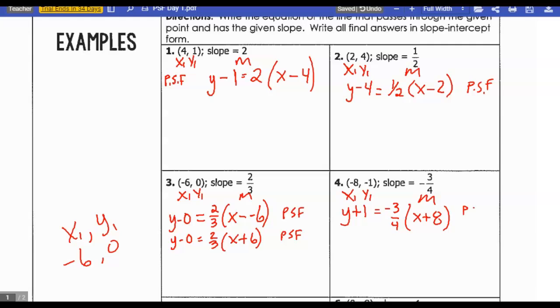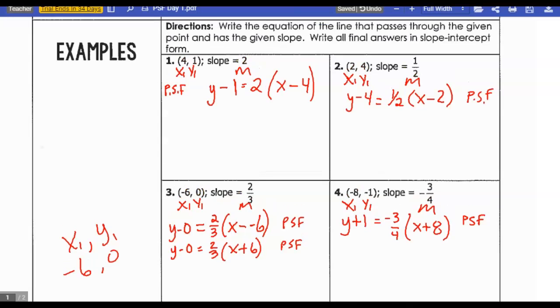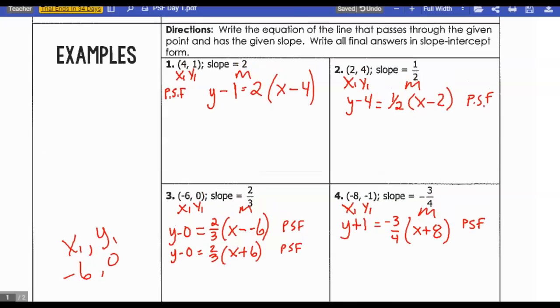And that's point slope form. The reason I keep writing point slope form PSF is because if we go back up to the directions here, that says write all final answers in slope intercept form. Remember, slope intercept form is y equals mx plus b.